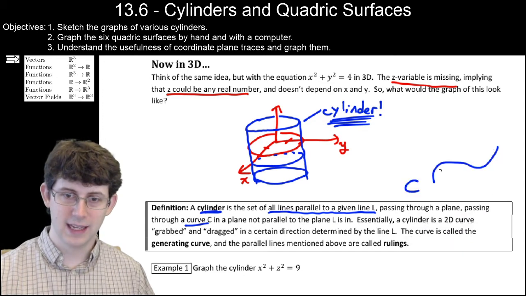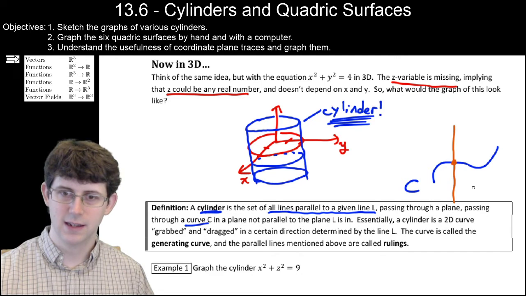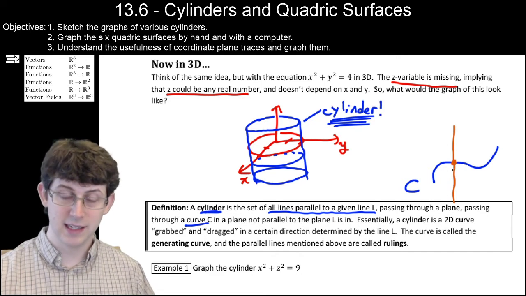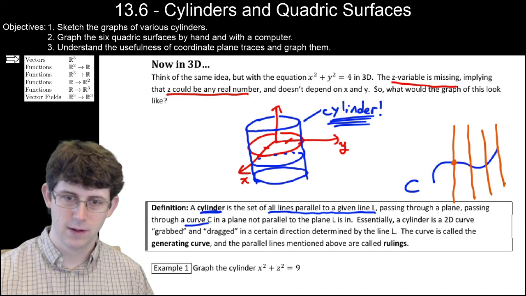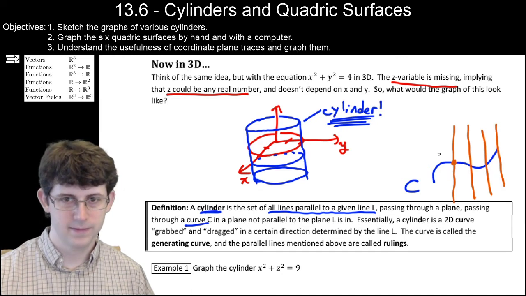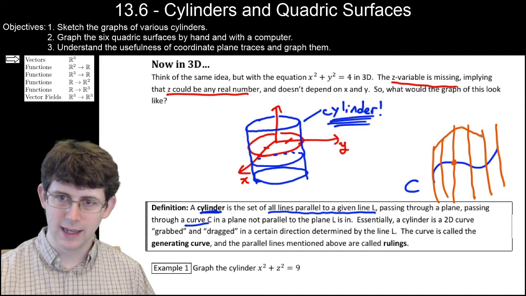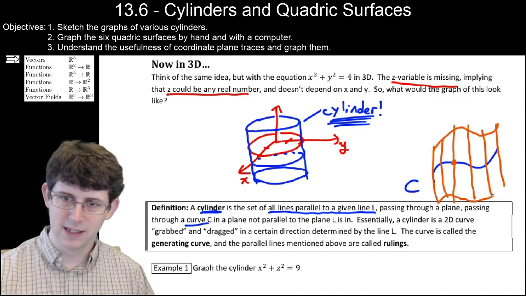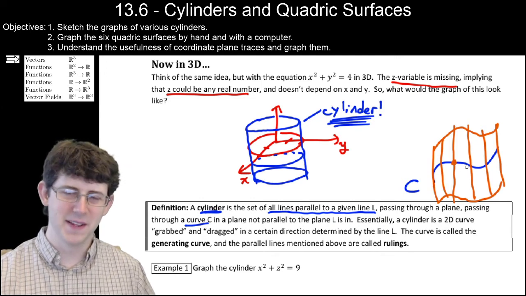So if you take this curve C and you take a line that goes through this curve C, and then you take all the lines parallel to that that also go through C, what you'll get is a bunch of copies of this curve. You normally would not probably call this a cylinder.